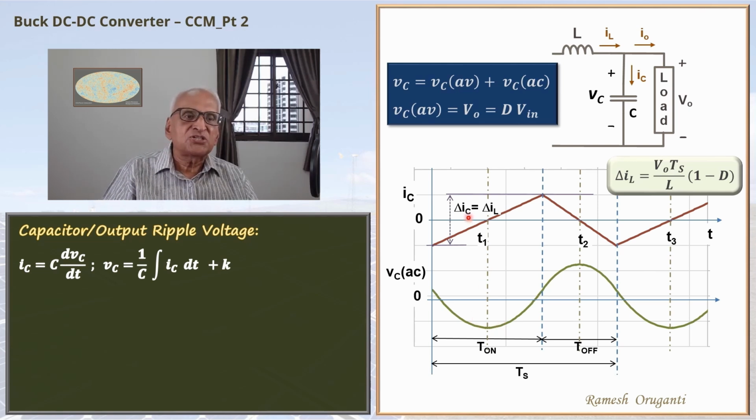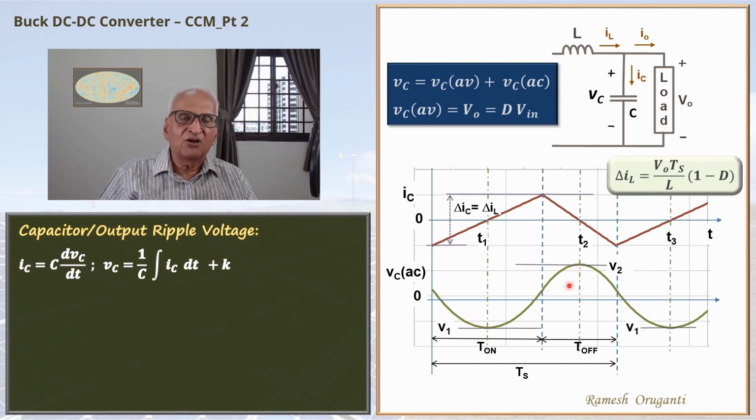And then between T1 and T2, the capacitor current is always positive. That means charge is always going into the capacitor. So because the capacitor current is always positive, dVc by dt will always be positive. At T1, the capacitor voltage is V1 and it rises to V2 at T2 continuously.